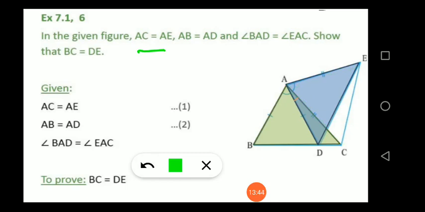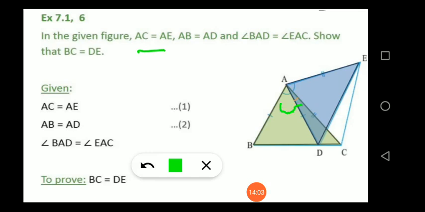So using two sides we have a criteria SAS, which means now we need an angle which is in between the two sides. So in between the two sides, this complete thing is an angle.